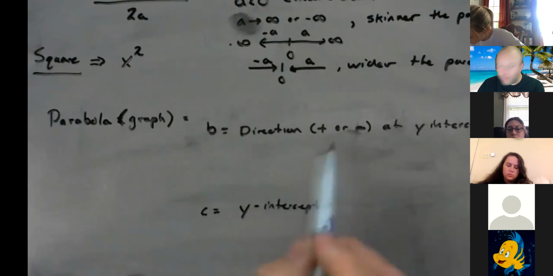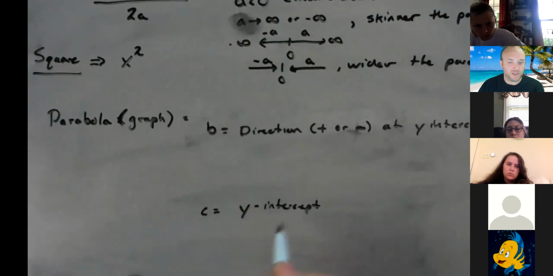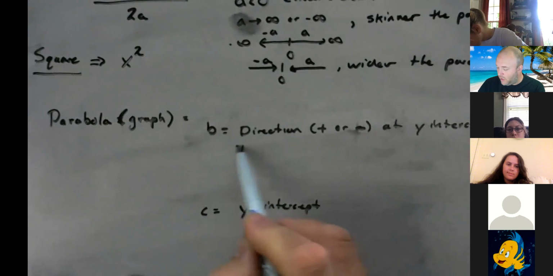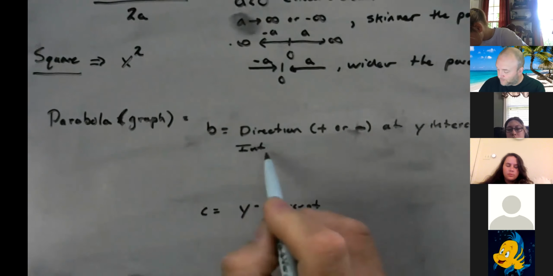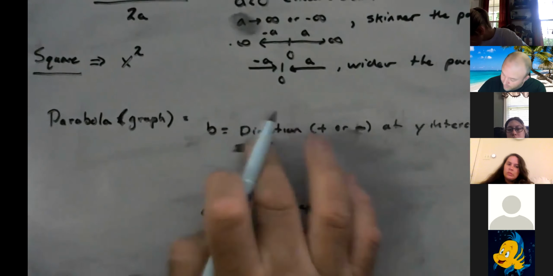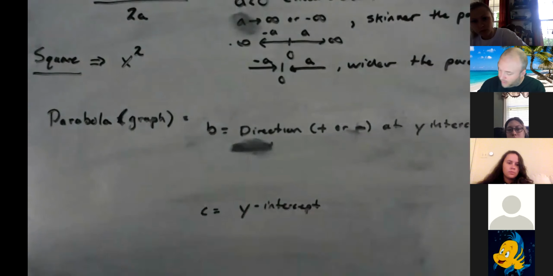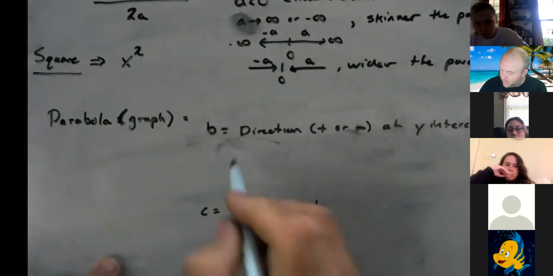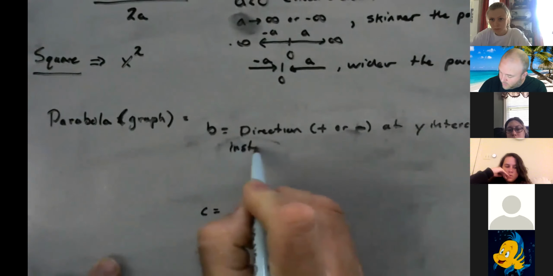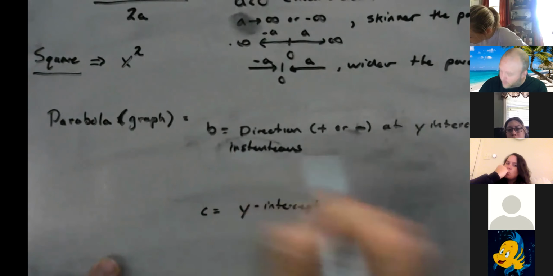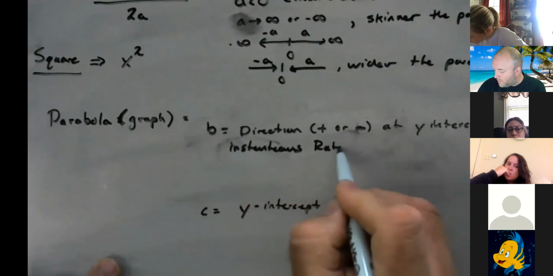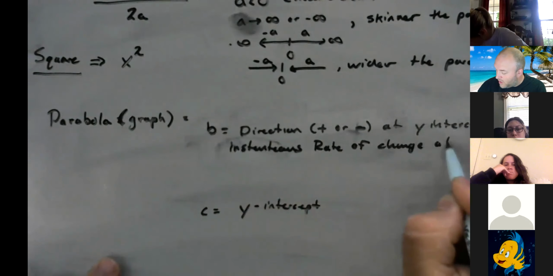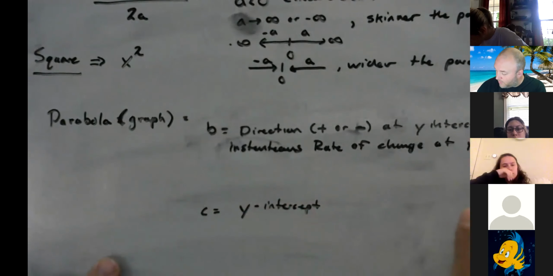Your book will not break this information out immediately because this is more of a chapter 6, chapter 7 hint, calculus type stuff. It would be the instantaneous rate of change at y-intercept.